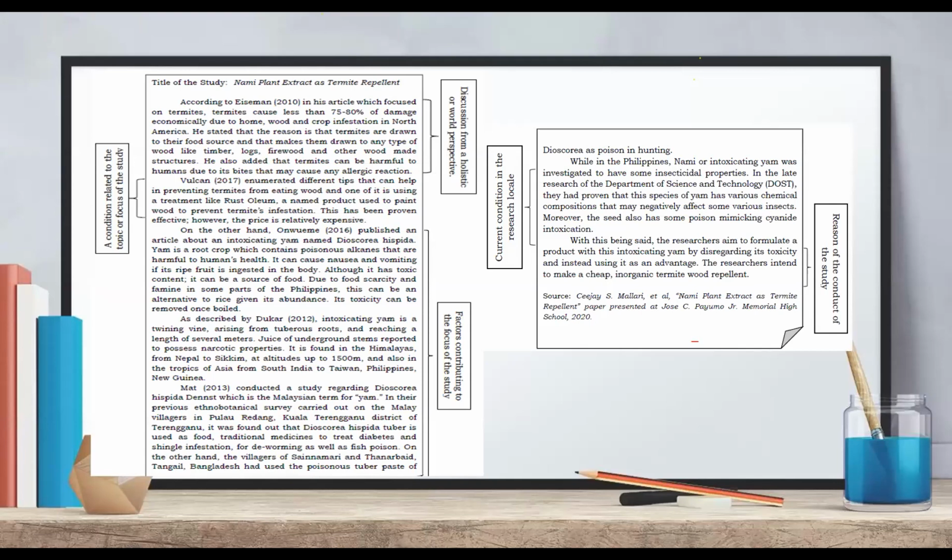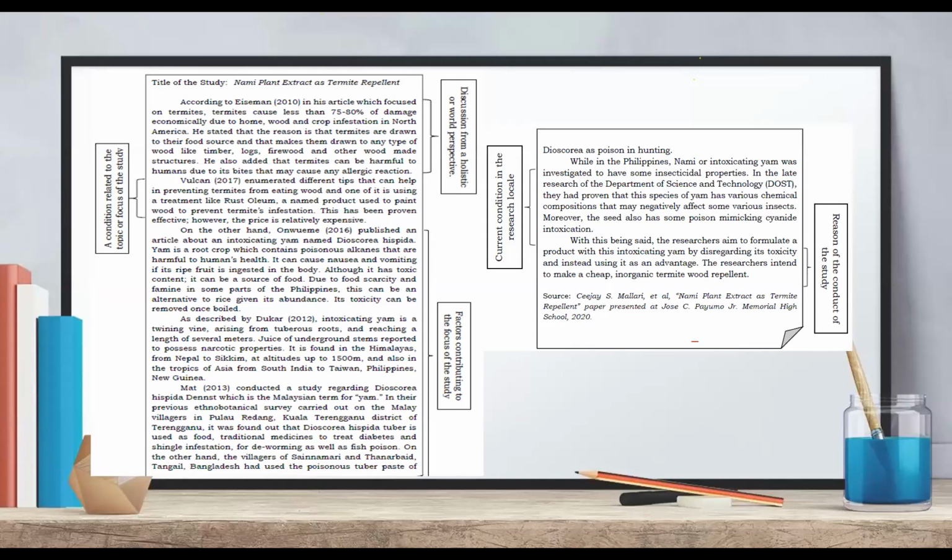So that is the condition inserted from the general idea of termites: it can be prevented, or there is a treatment for termites. So after that is the first and the second paragraph.